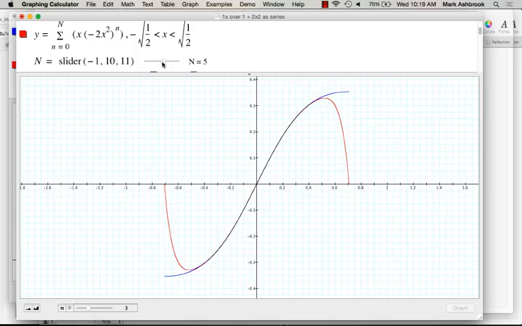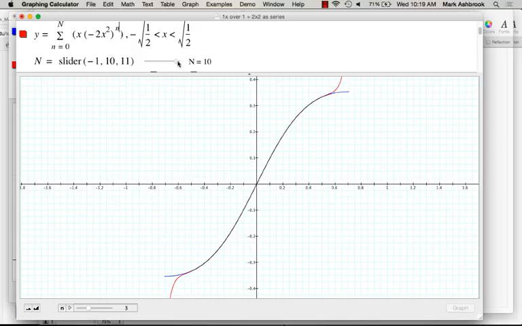So again, with every additional term that you add, you get a better approximation. The approximation's already very, very good. You see where it looks black? It's just out at the endpoints of the interval is where more and more terms will help, right? But already in the center of the interval, very good approximation.